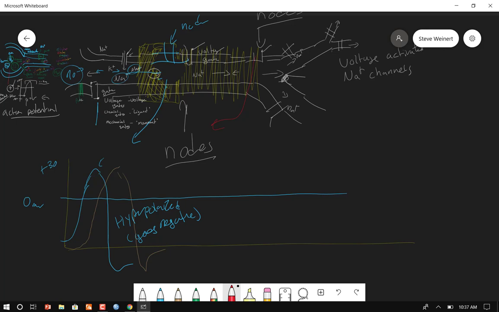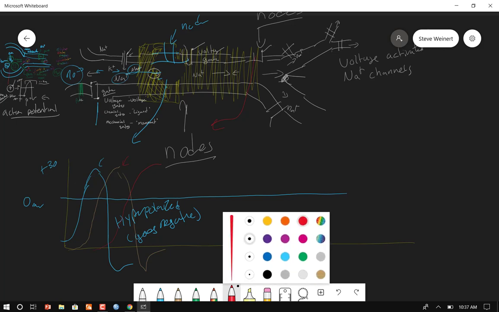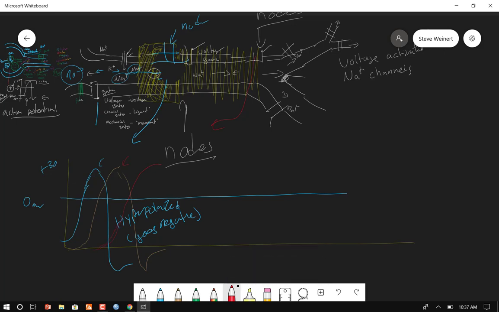When the second one is at its peak, it causes the third one to go up. Let me make that even bolder. And when it recovers, what's happening with the next one? The next one starts to increase.